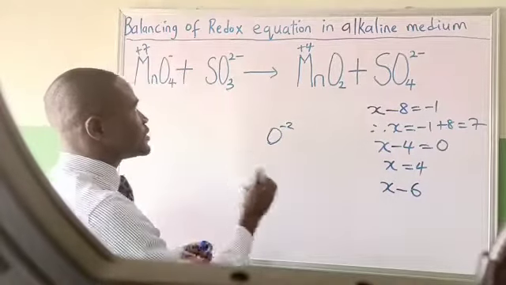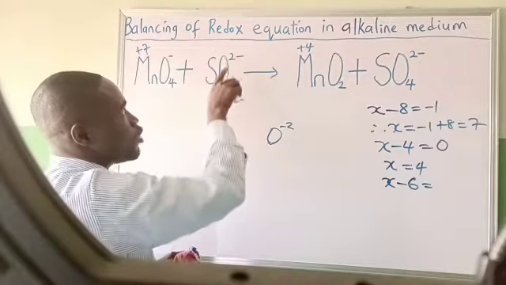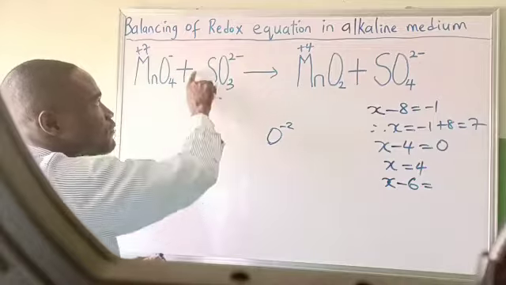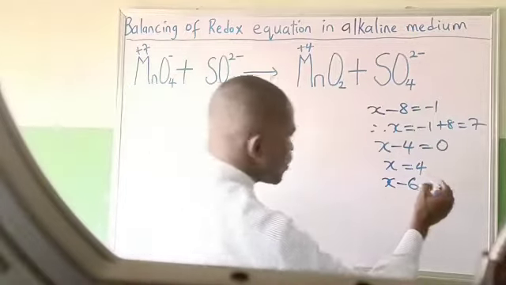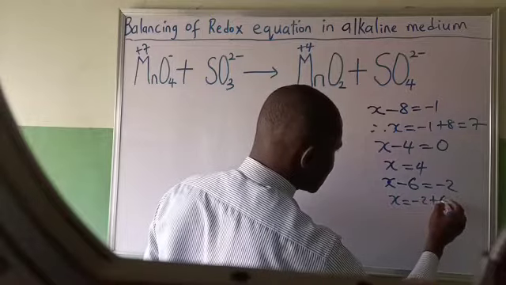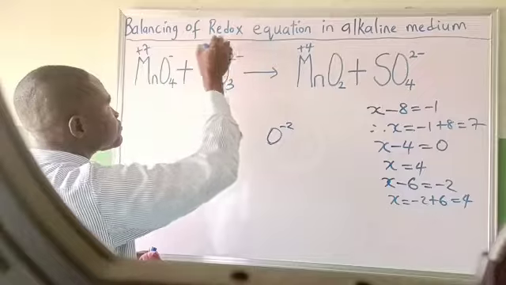So it's constant. What is the overall or polyatomic charge of SO3? That is -2. X will be equal to -2 plus 6, equal to 4. We say here is +4.